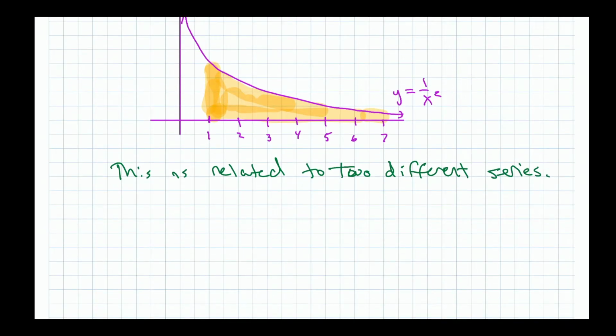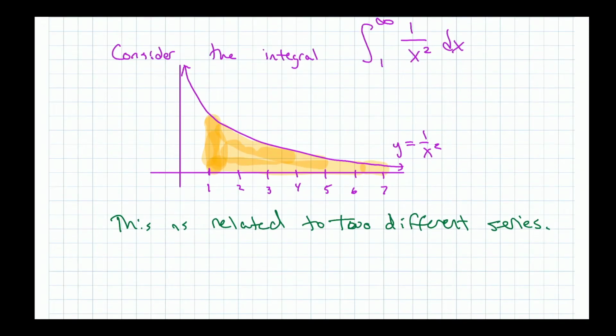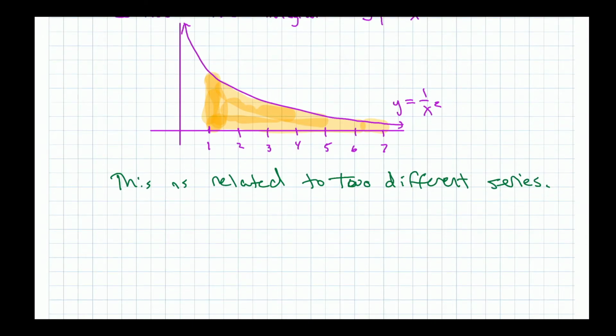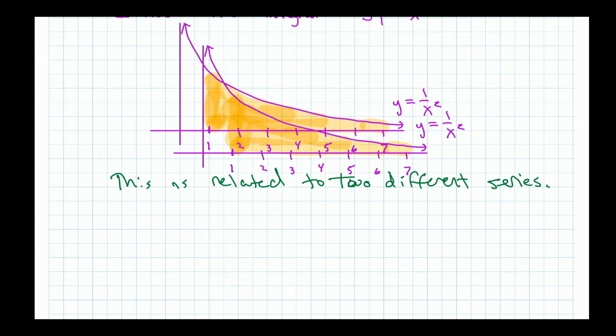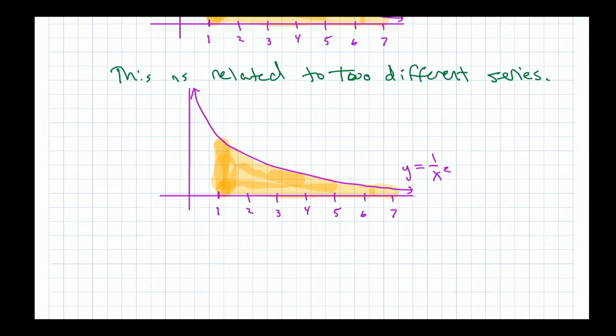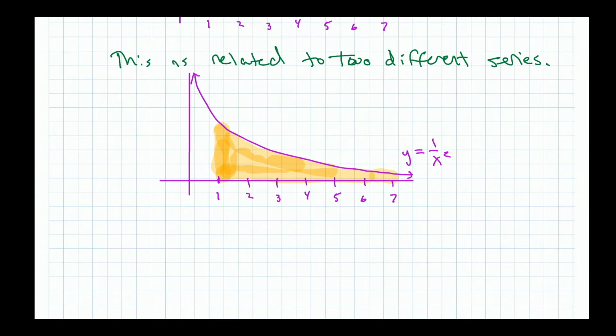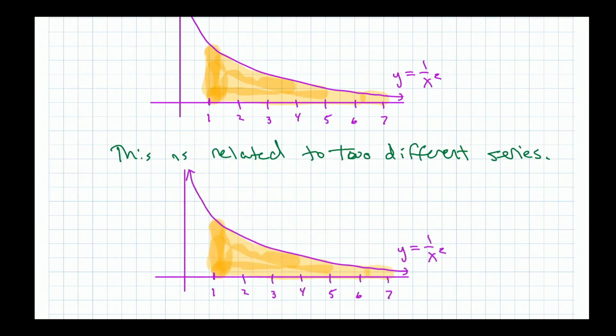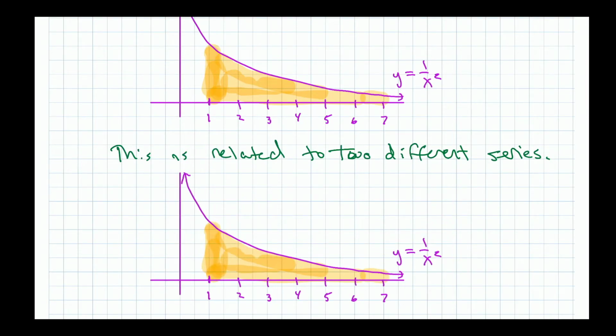So let me draw some rectangles. Actually, I want to copy this. The drawing's so pretty that I want to save it. Duplicate. Move this down here. Let's take this graph and draw some rectangles on it. Oh, hold on. I'm going to duplicate it again. I didn't put it centered.